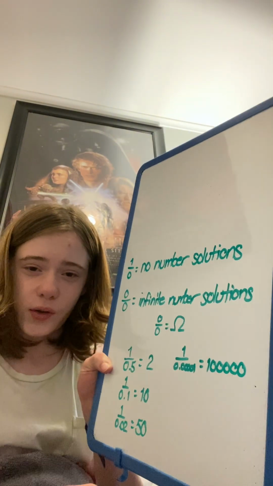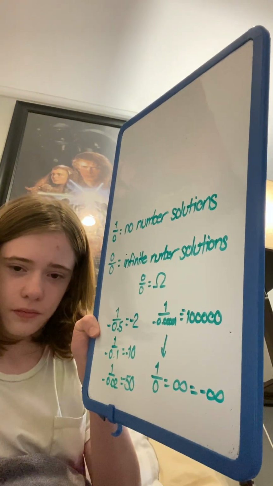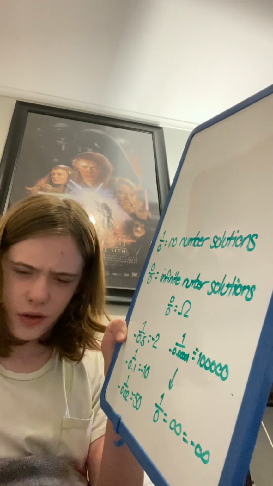So this is approaching infinity. So that means that 1 divided by 0 would be infinity, right? Well, if you make these numbers negative, then it starts to come towards negative infinity. So wouldn't this equal negative infinity too? Well, that's another reason why it's undefined.